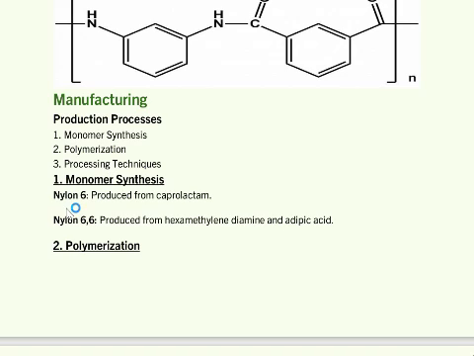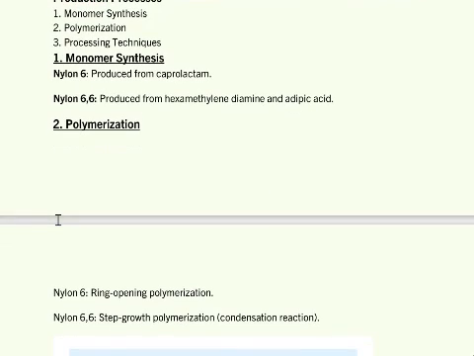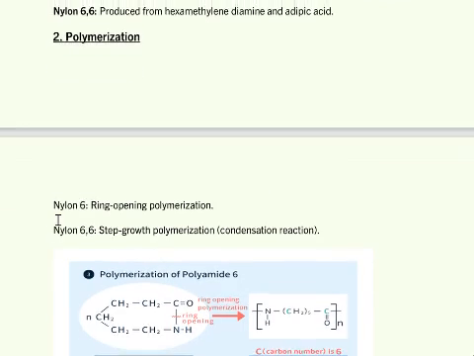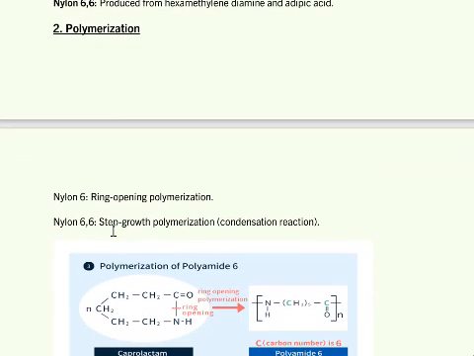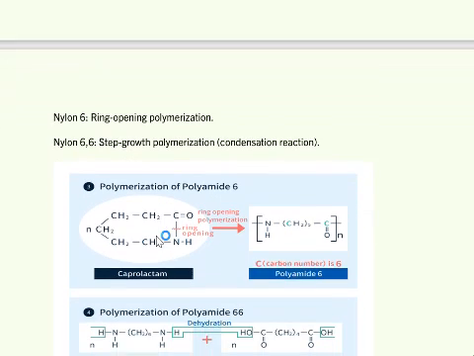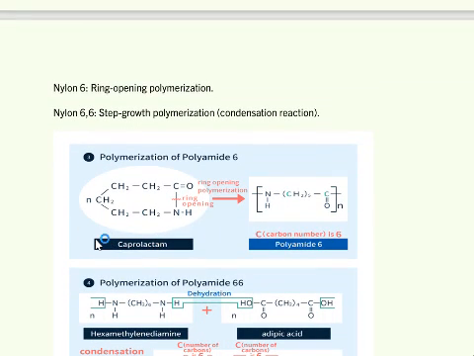The monomers are nylon 6 and nylon 6,6. While in polymerization, 2 techniques are used, which are ring opening polymerization and step growth polymerization. In ring opening polymerization, in case of the production of nylon 6, caprolactam, a compound containing a ring structure, is broken down to form polyamide 6.